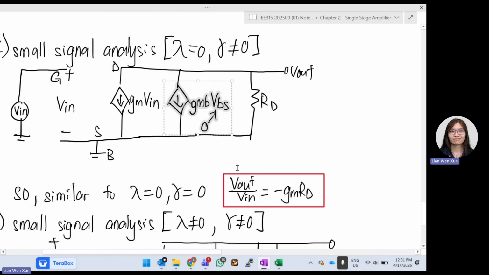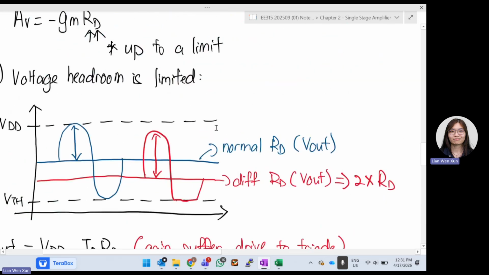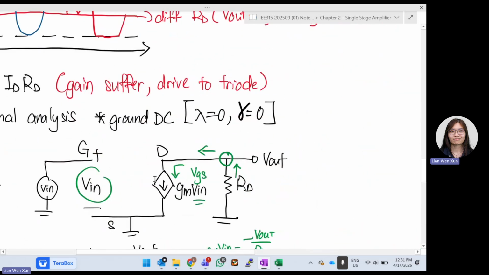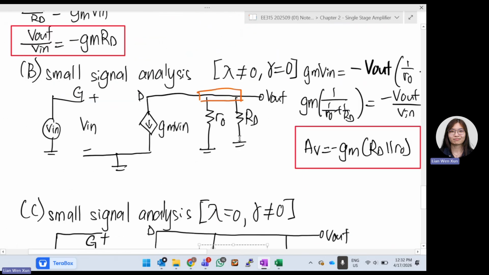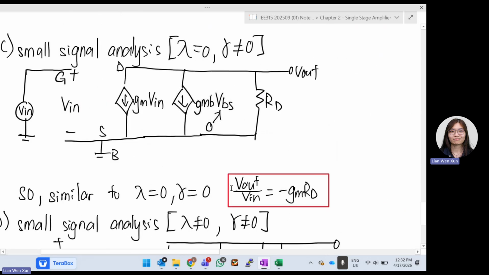So we rearrange. If we ignore this term, then does it look exactly the same as the initial case? Because we don't have the GMB VBS. We only got GM VGS and RD. So since they look the same, we can say that V out over V in is just negative GM RD. So they are still the same thing.